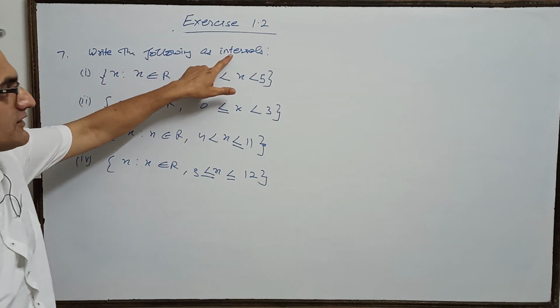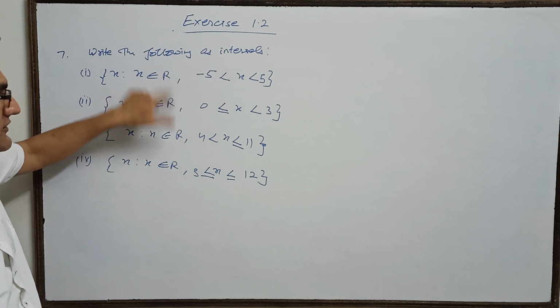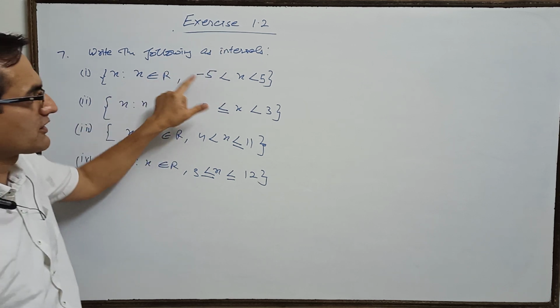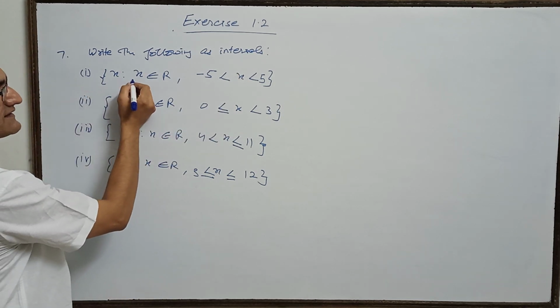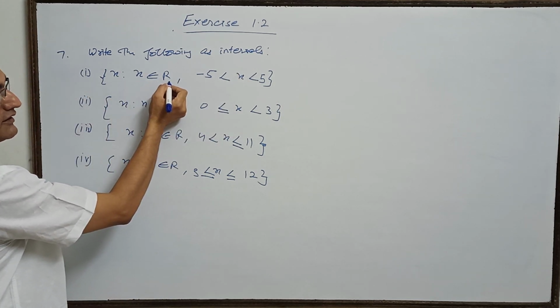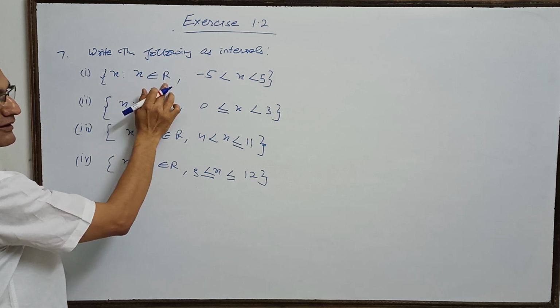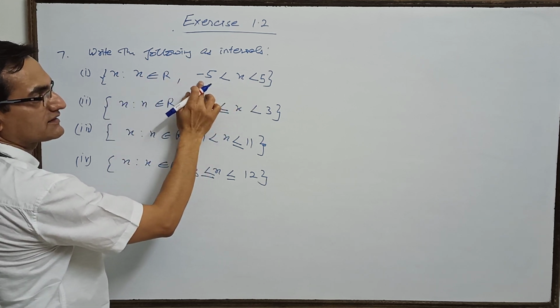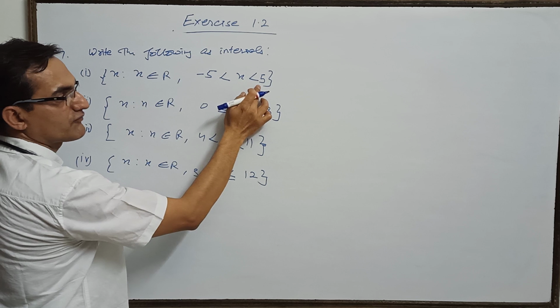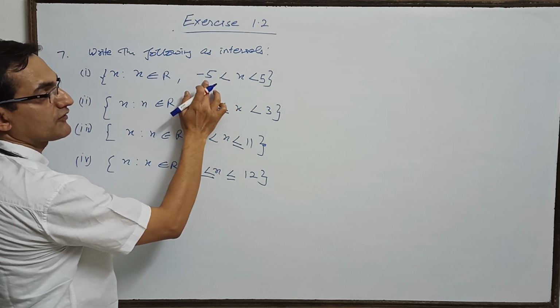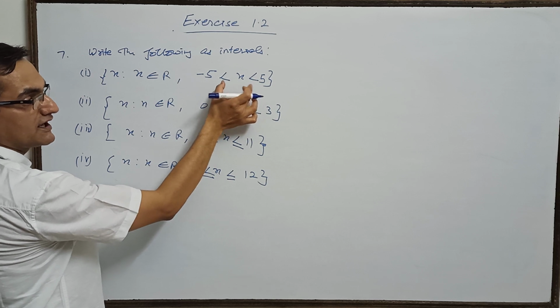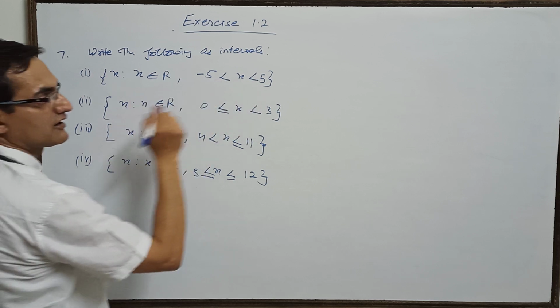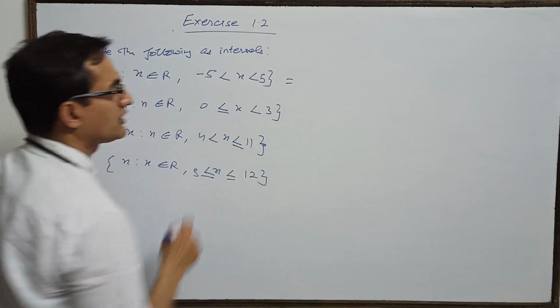Now come to the seventh question. Write the following in interval form. This is set builder form. You have to transform it into interval form. First of all, x such that x belongs to R. R means real numbers. x is a real number and x is greater than minus 5 and less than 5. Means minus 5 and 5 are not included, but the numbers lying between minus 5 and 5 are included.